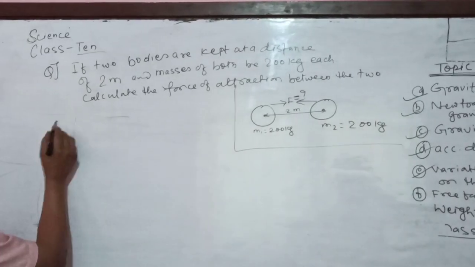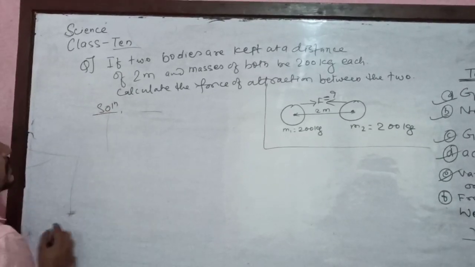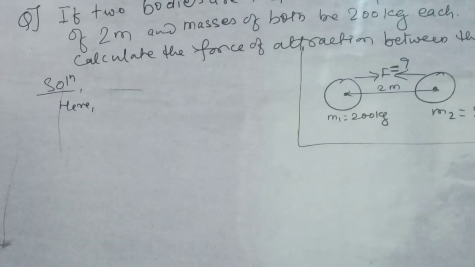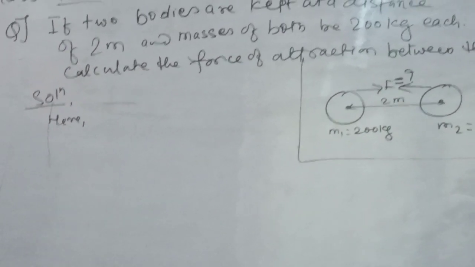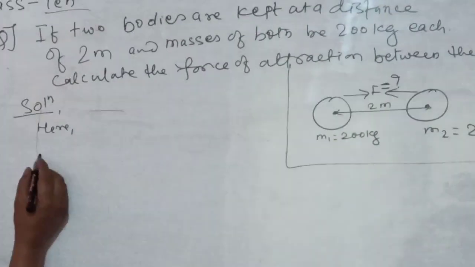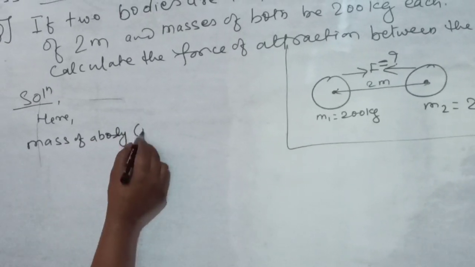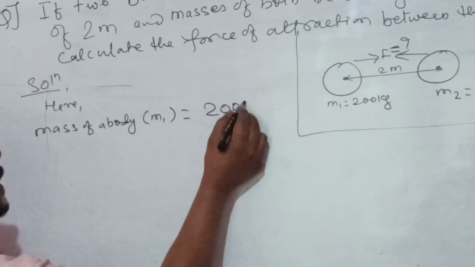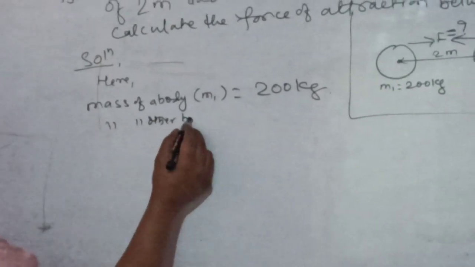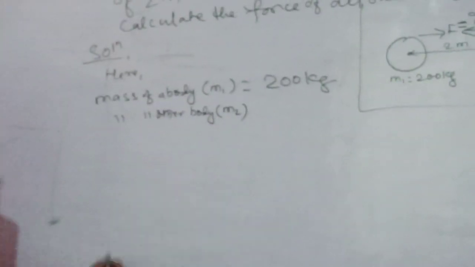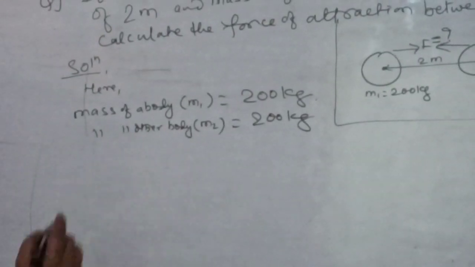Here, as the given conditions, we write first Solution in short form, and what are given here. We write the data along with the symbols we use to solve the numerical. First, the mass of a body, symbol m1, is 200 kg. Next, the mass of the other body, symbol m2, is also 200 kg.